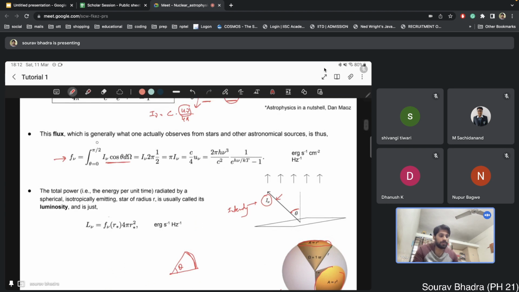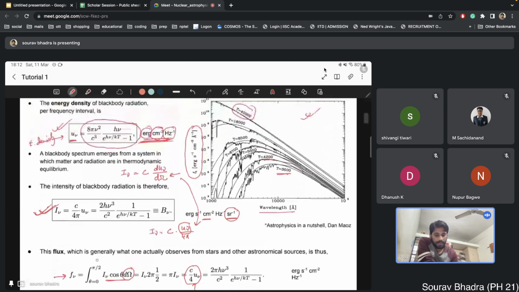So you can calculate the flux through that surface by doing the integration over the solid angle, I mean the total angle subtended by the surface. The integration is over the solid angle d omega. Now if you do it, you can see that your result is c by 4 times u nu. Why am I pointing this out? Because you have already calculated u nu from here.